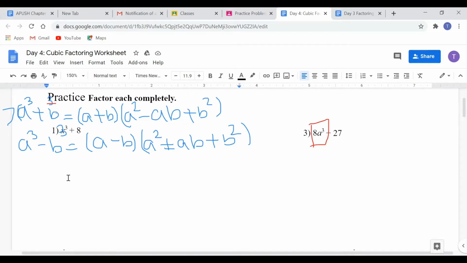The previous problem just had x to the third power, but this problem has a coefficient with the variable. Like I was saying yesterday, if you have a coefficient with the variable, you have to make sure that the coefficient is actually a perfect cube. 8 is a perfect cube because if you cube root 8, you get 2.